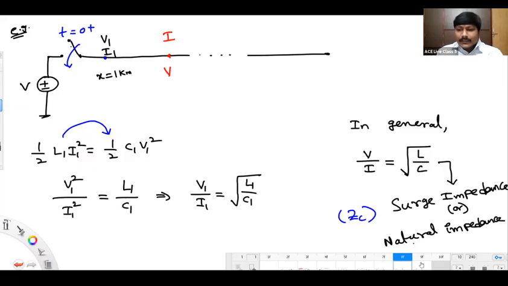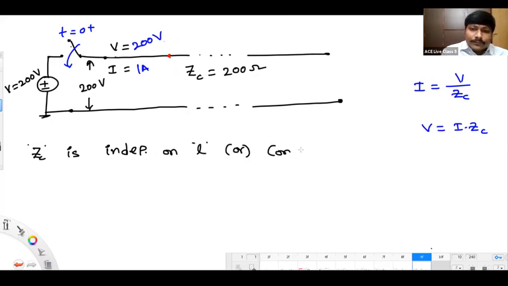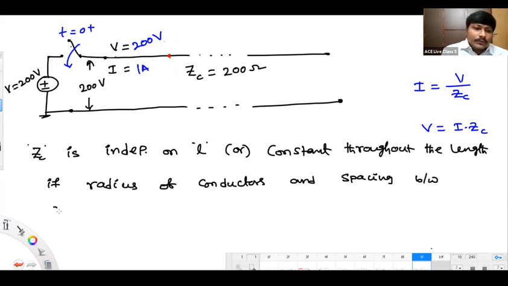Okay, so I can say here, ZC is independent of the length of the line, or constant throughout the length, if the radius of conductors and spacing between conductors is the same throughout the length.